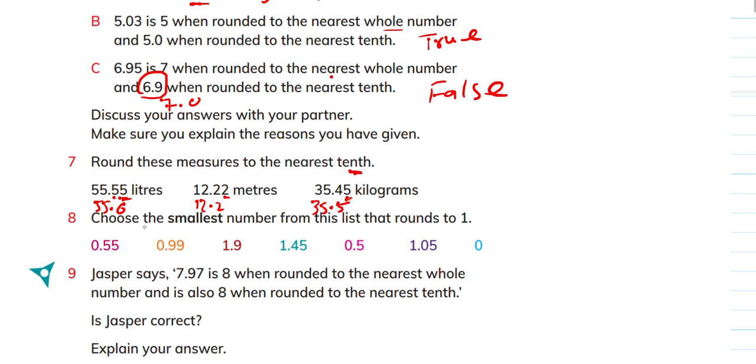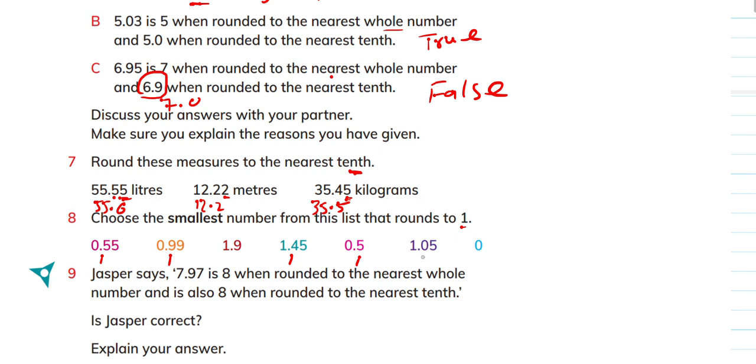Very good. Choose the smallest number from the list that rounds to 1. There are so many numbers that round to 1. First identify them, then we will see which one. For example, this rounds to 1, yes? This will round to 1. This will round to 1. No, this will round to 2. This will round to 1. This will round to 1.